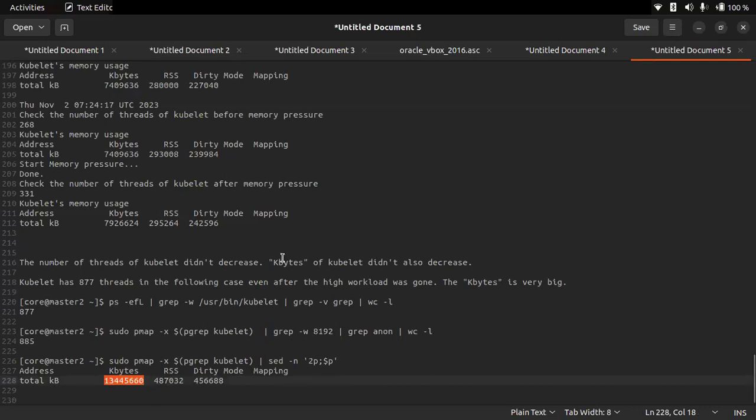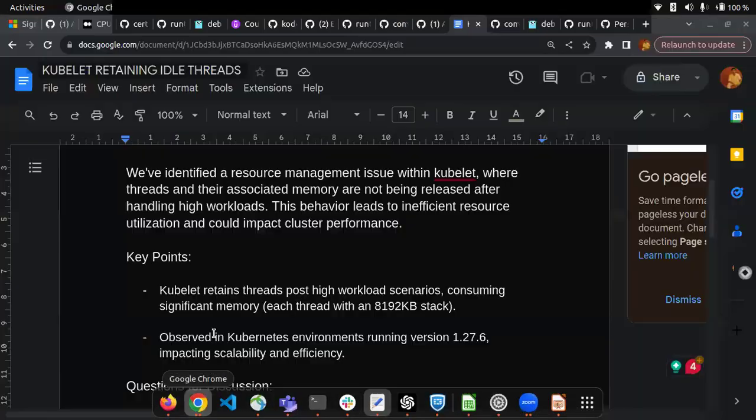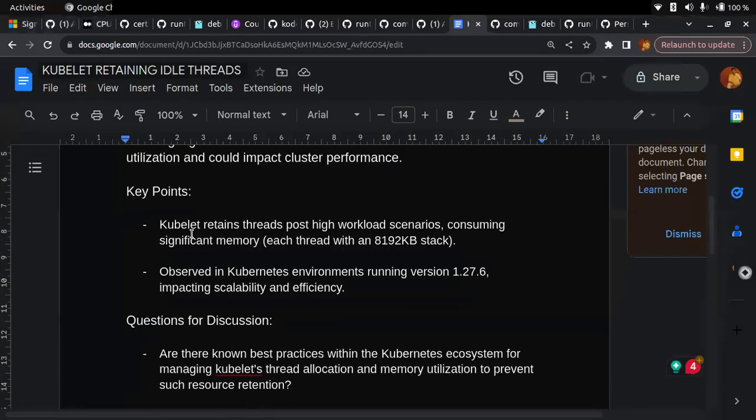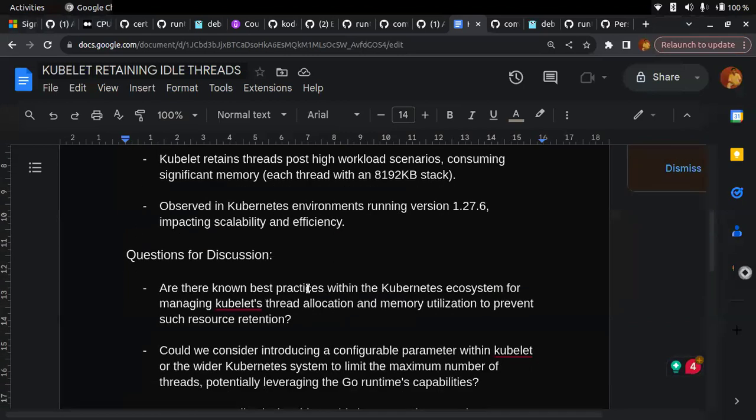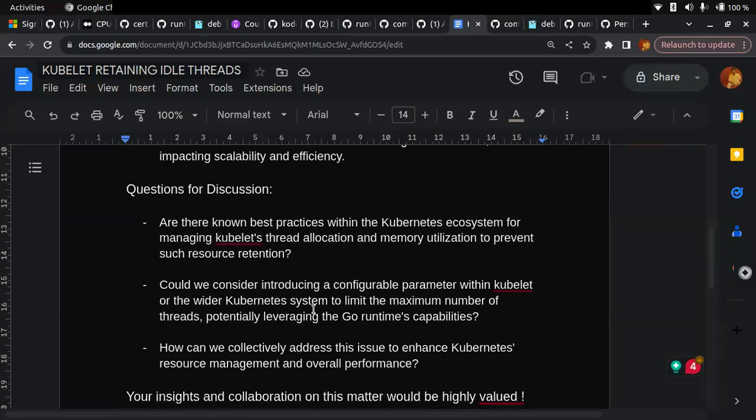So I wanted to know if we have any practices where we can limit the thread allocation for the kubelet. I think this sounds like it's in the area of tuning the Go runtime, similar to garbage collection.